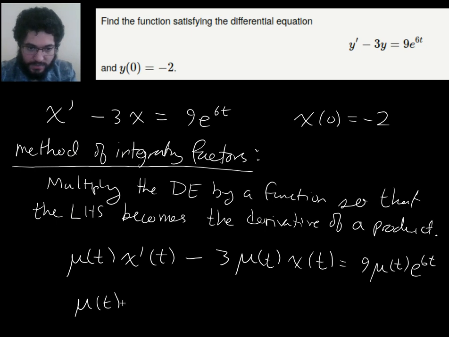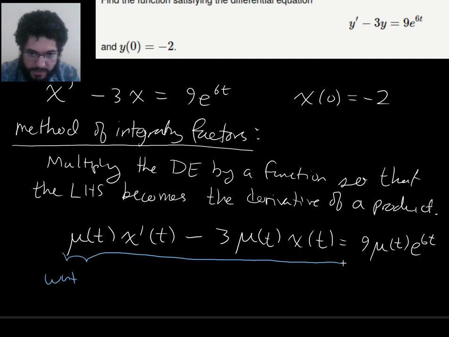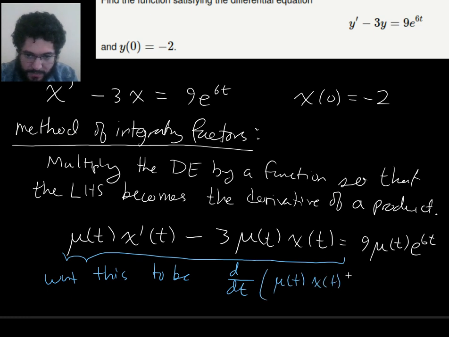What I want is for this to be the derivative with respect to t of mu times x. So I want to choose mu. Mu is unknown, and I want to find out what mu I should choose in order to make this left side be the derivative with respect to t of mu times x.